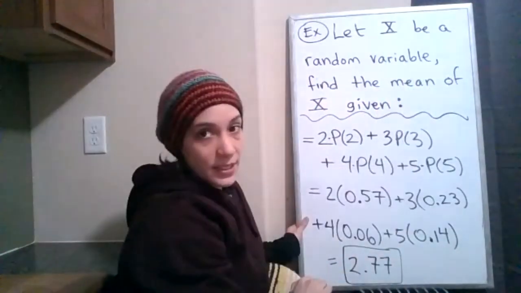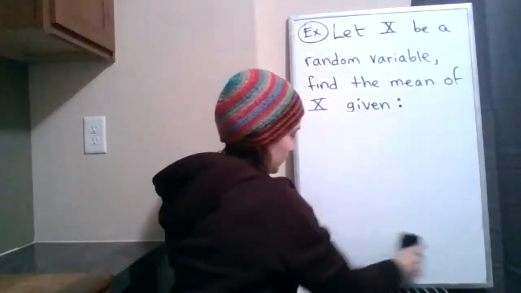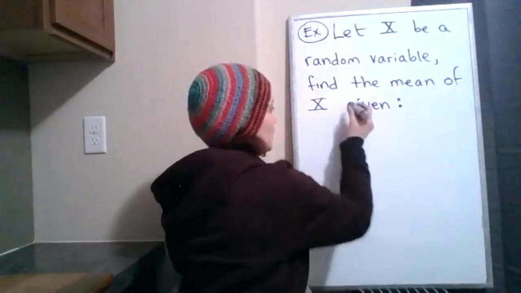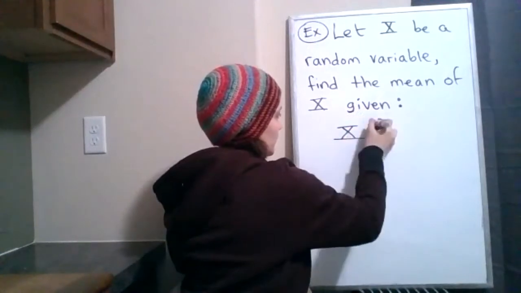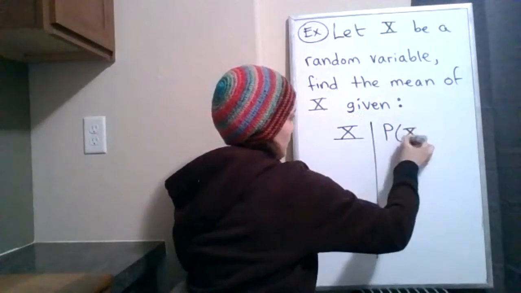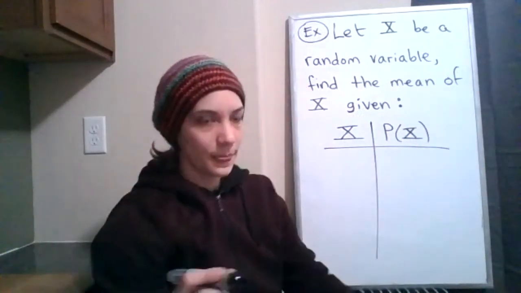We're going to have this table for this new variable x and all of its probabilities. This time, we're going to do x equal to 6, 8, 10.